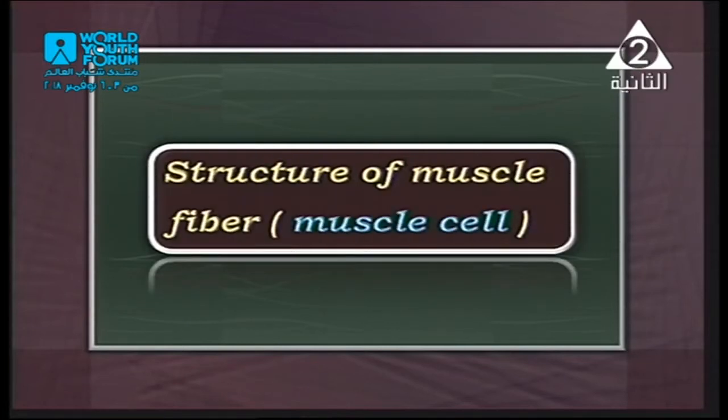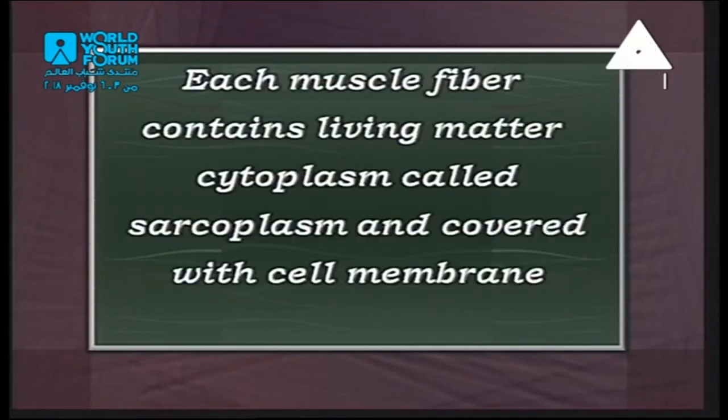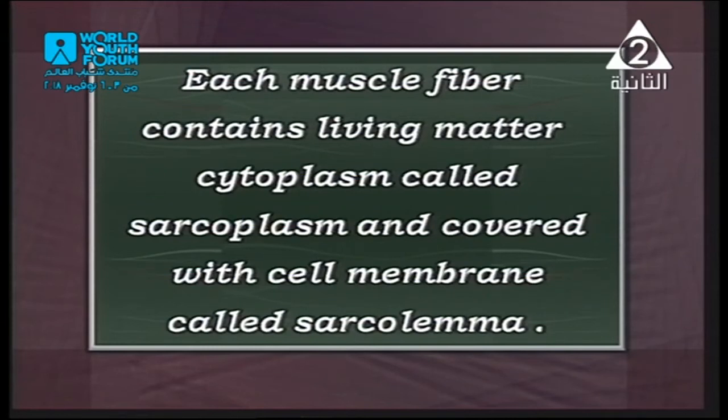Well, the structure of the muscle fiber is what we need right now to know: the structure and the mechanism of contraction and relaxation. Each muscle fiber contains a living matter, cytoplasm, which has a unique name, sarcoplasm.